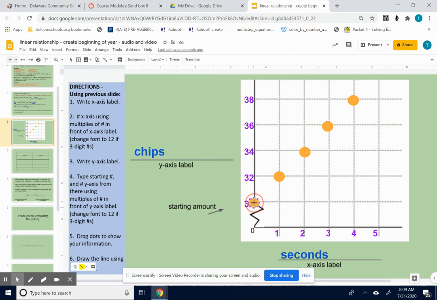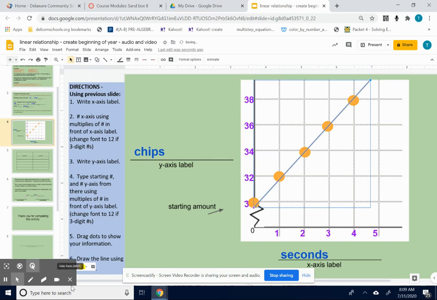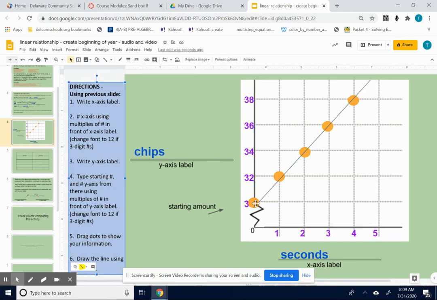Push down with your left finger, and then try to guide the line to go through your points. So there's my visual graph of the same information: I started with 30 chips, and then after each second goes by, I eat an additional 2 chips.